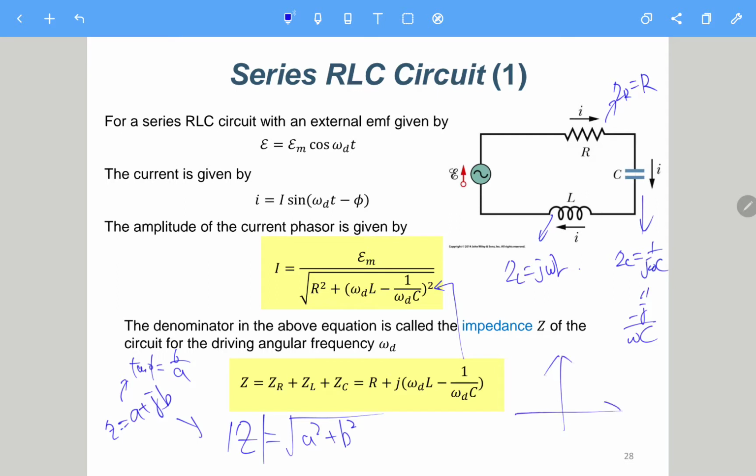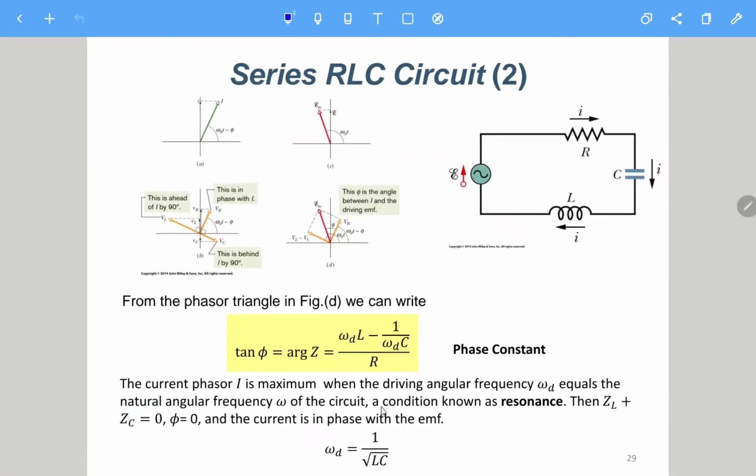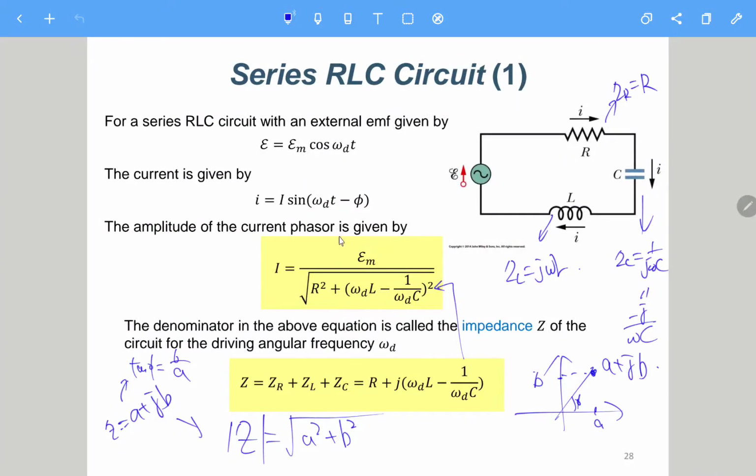This is a, this is b, and this is a plus jb, so phi has tangent b over a. So this is the impedance. We have the imaginary part over the real part as the tangent of phi, and as it is in the denominator, we have a negative sign here.